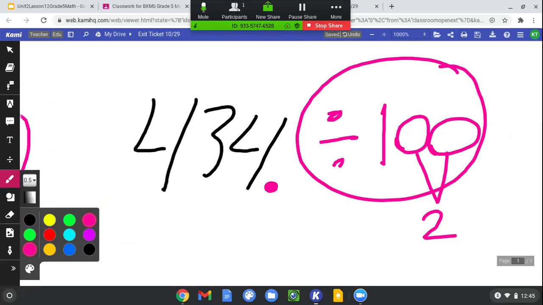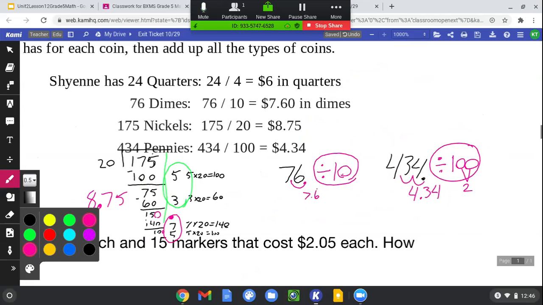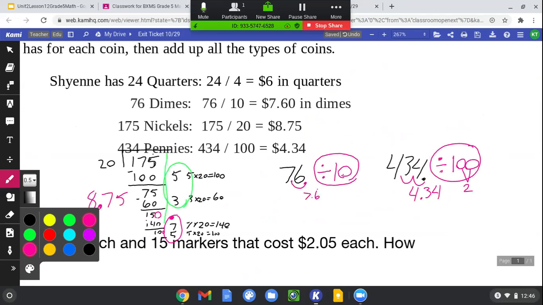So here's where the decimal was. Let me put in the correct color. There we go. And I'm decreasing 2 place values, 1, 2. So now I know that 434 pennies is actually $4.34. Not bad.